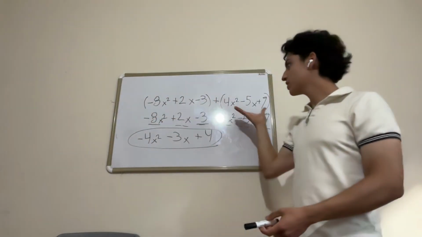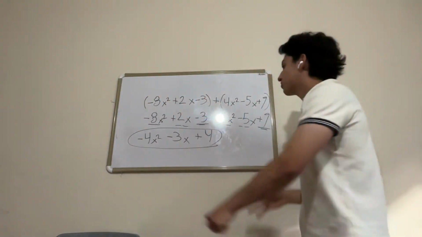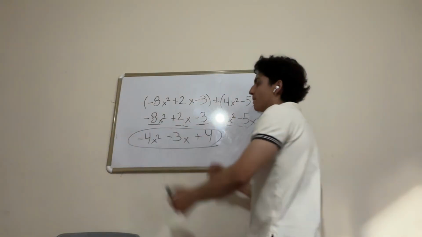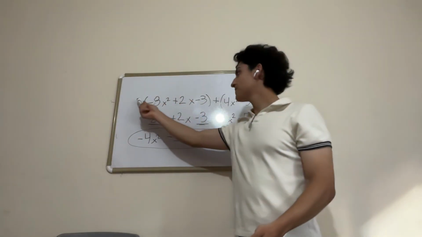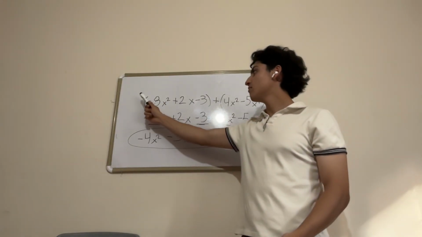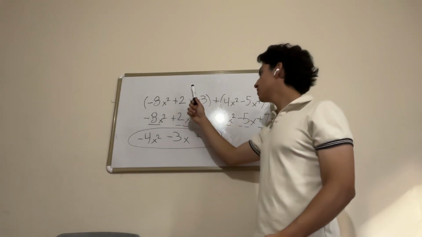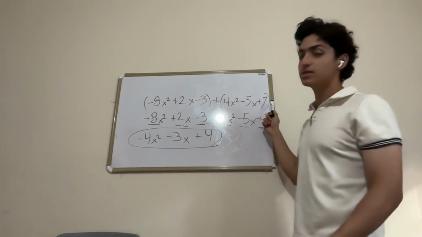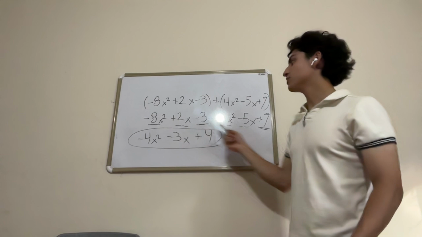Whenever we have this, we gotta get rid of them in order to actually combine them and solve them. So in this case, the first thing we do to get rid of the parentheses is just multiply whatever is outside of the parentheses by whatever is inside the parentheses. That gave us this.